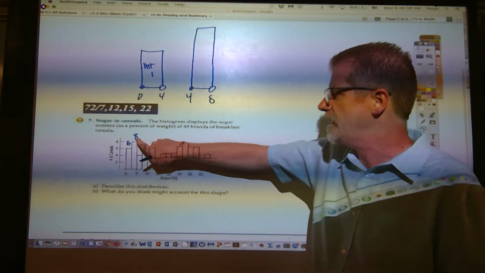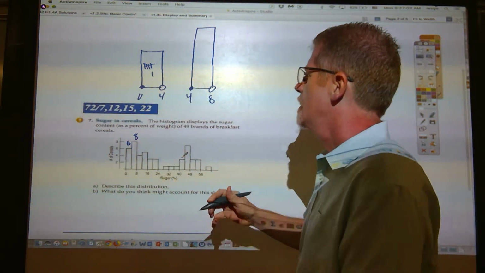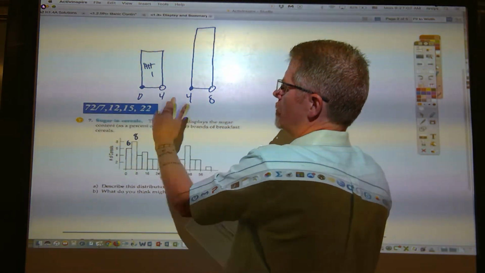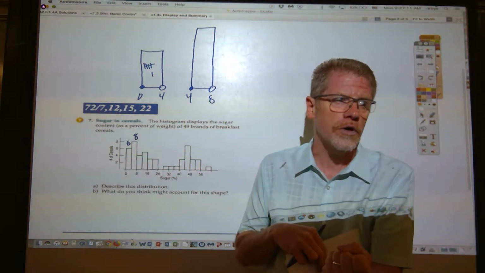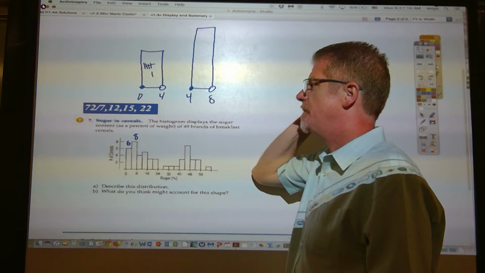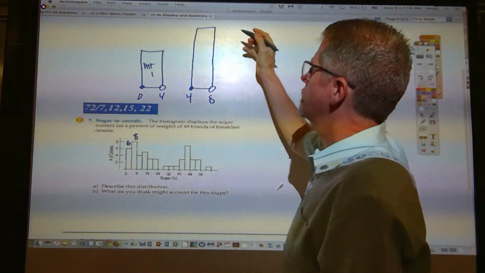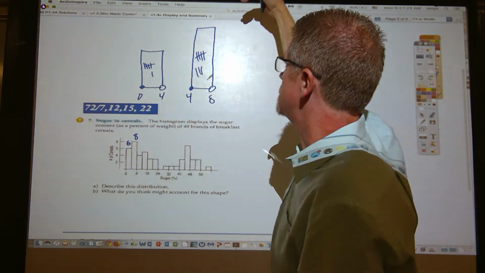The reason I'm drawing them again up here is to show you what to do with the boundaries. If a cereal has exactly 4% sugar, you put it in the bin to the right. If it's on the boundary, put it into the bin to the right. So there were 1, 2, 3, 4, 5, 6, 7, 8 cereals that fell into this bin.